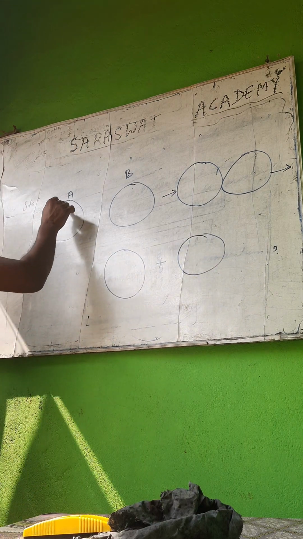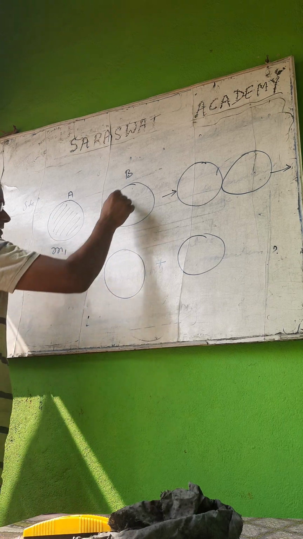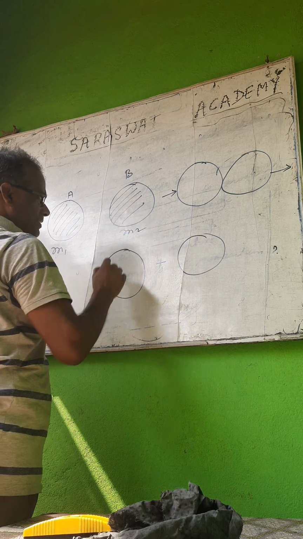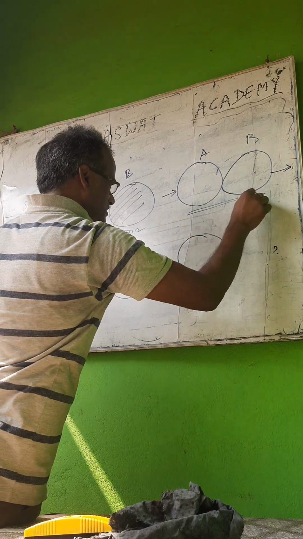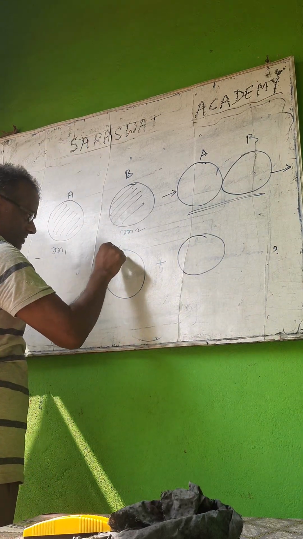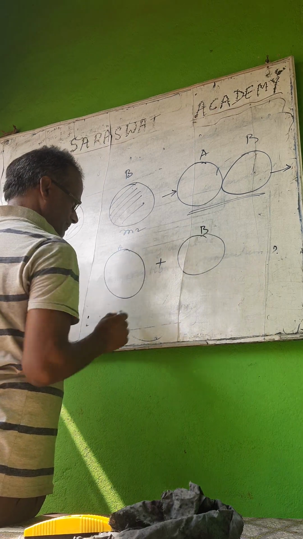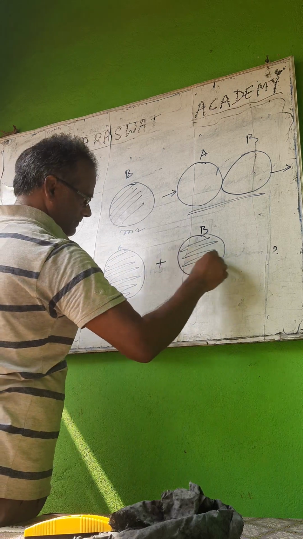So here this object is A and its mass is m1, this object is B and its mass is m2. This situation is in contact and this situation is after collision.